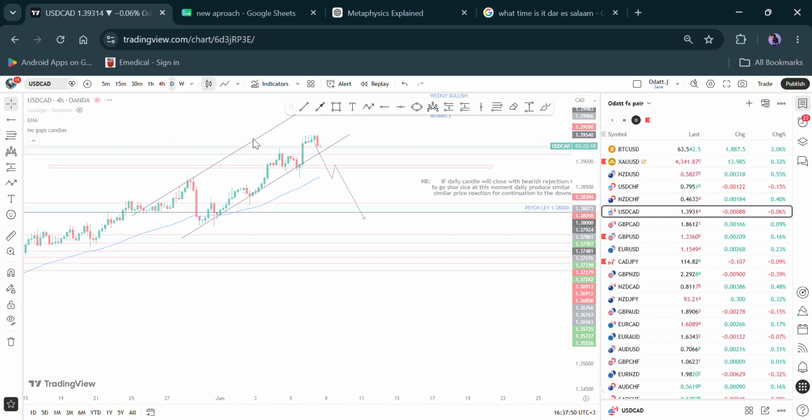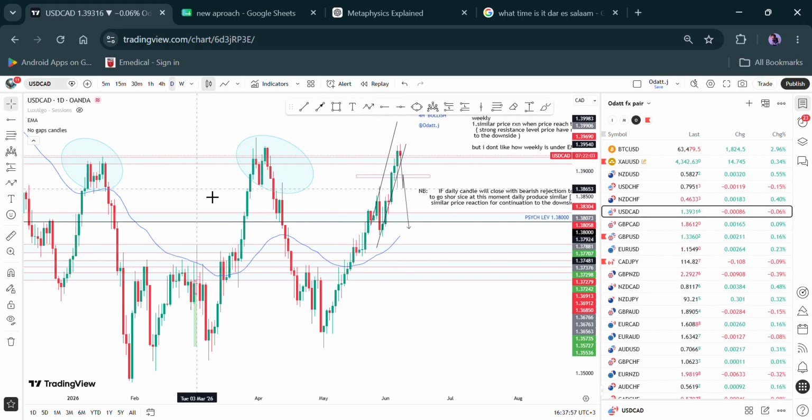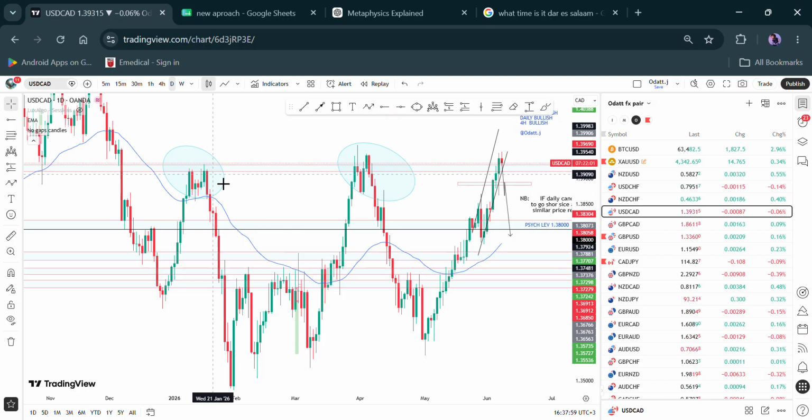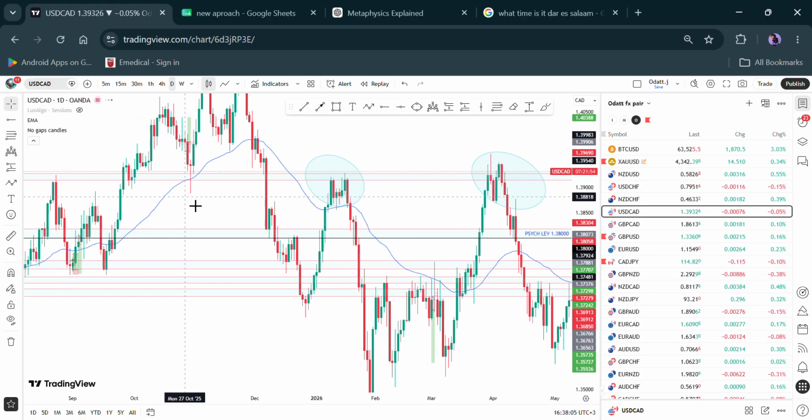So if daily we have that bearish rejection here, we will be creating a similar price reaction from this level. That will give me the information to come in with a counter trend. Why?